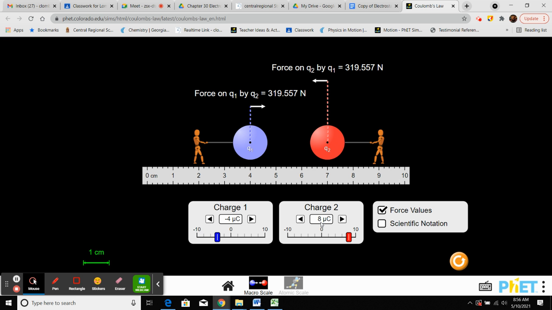Okay, so if opposites attract, like charges should do what again? Not subtract, but repel. Yes. So if one of them is negative, what if I make both of them negative? Now look at the arrow. Now it's repulsive. So it's repulsive if they're both negative. What if they're both positive, though?